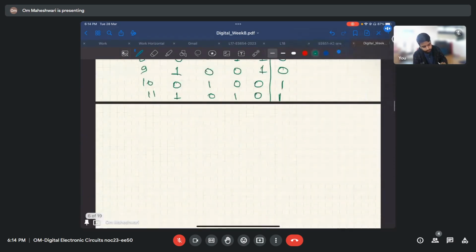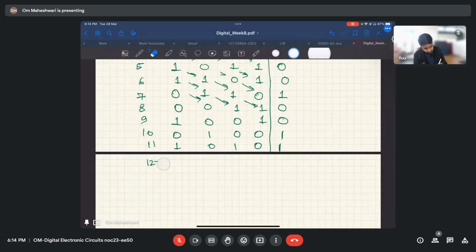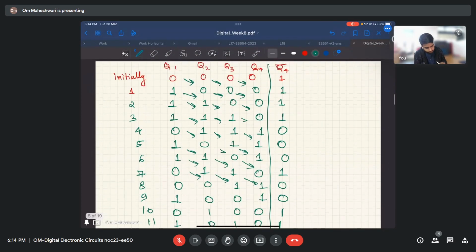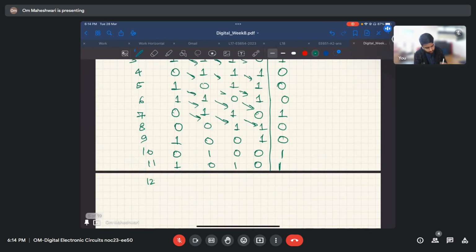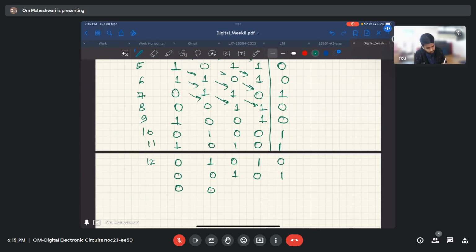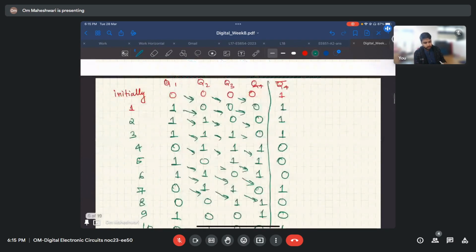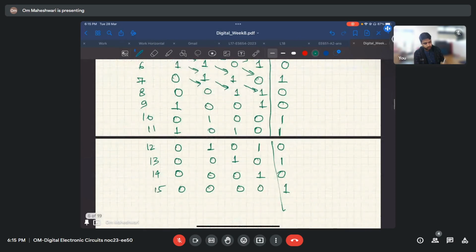Continuing in the same way, 1 XOR 1 is 0, 0 XOR 0 is 0, and finally we get 0, 0, 0, 0. So after 15 cycles we have reached the same position again.